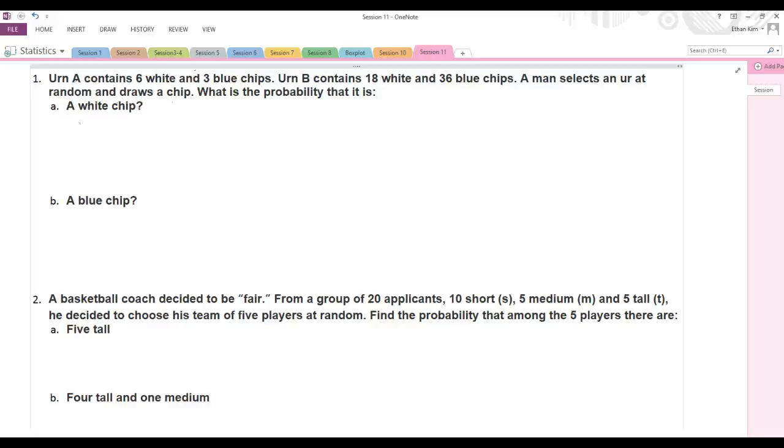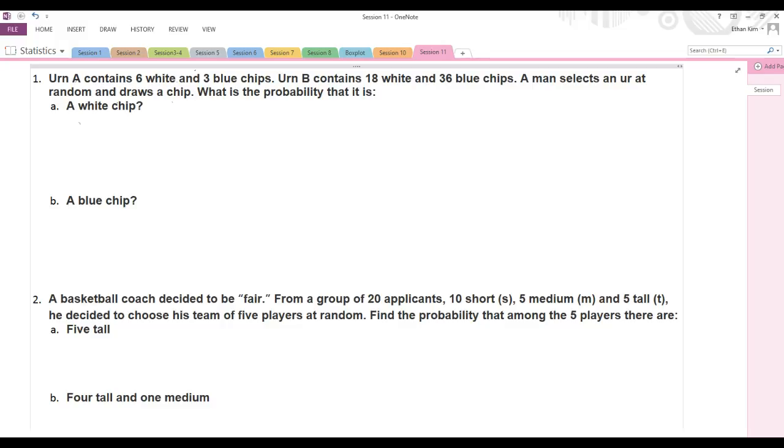Alright, so now we're going to go over the class activity. There were three problems on probability, mainly on conditional probability, right? So we are going to go over those questions. If you haven't completed the questions yet, just try solving the problems.